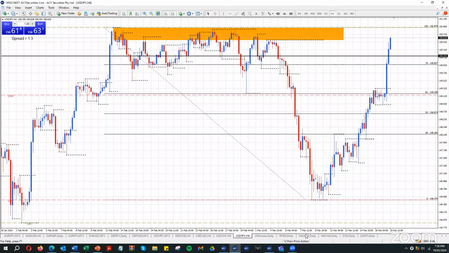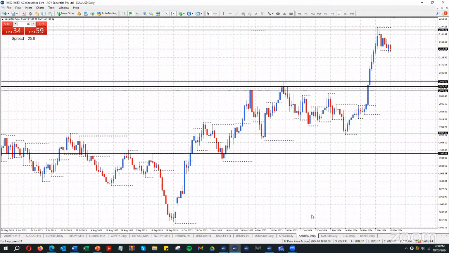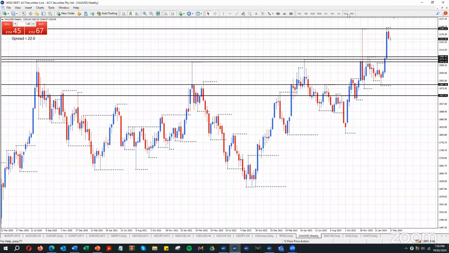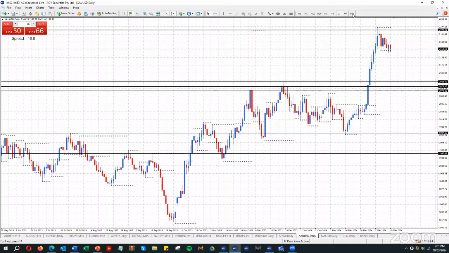All right, lastly, gold, we've rushed all the way up. This is a weekly chart. Inside down week last week. It's not selling off like we did last time, where we rushed up and sold off. It's having a little bit of a pause. It is forming a little bit of a support area here.